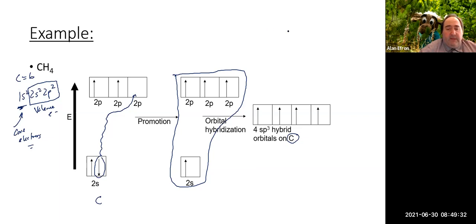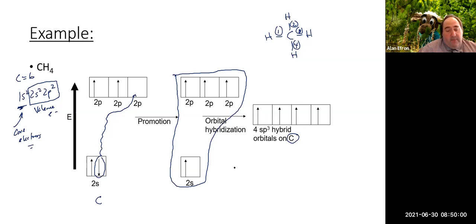And again, if we look at our structure here for methane, we basically have 4 bonds. We have a bond there, a bond there, a bond there, and a bond there. Each of these bonds is between a carbon and a hydrogen. All these on the right are carbon with 1 electron available to make a bond.